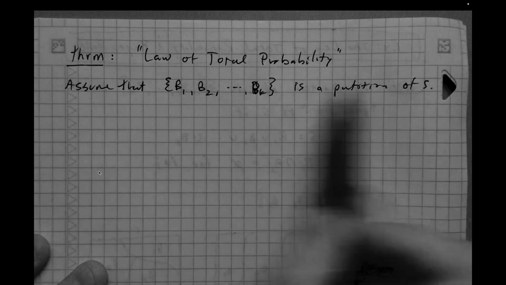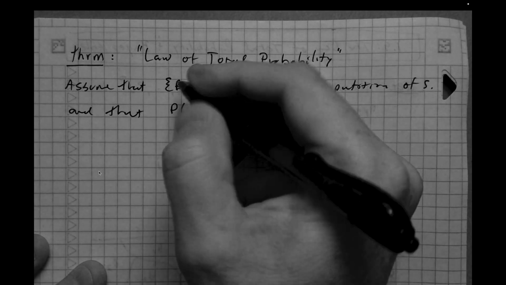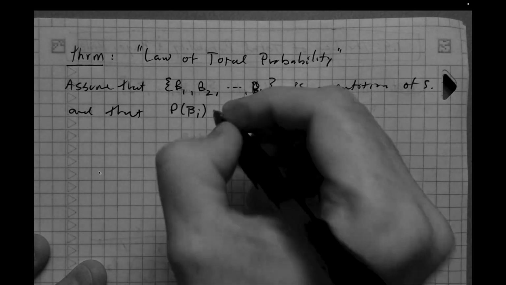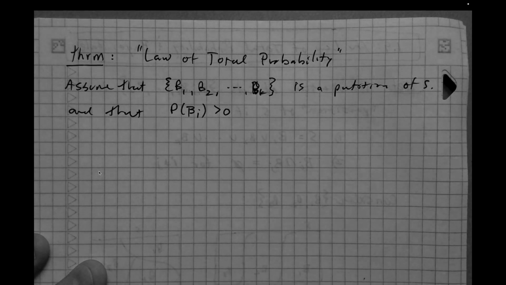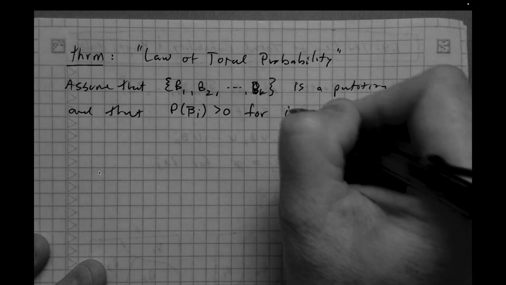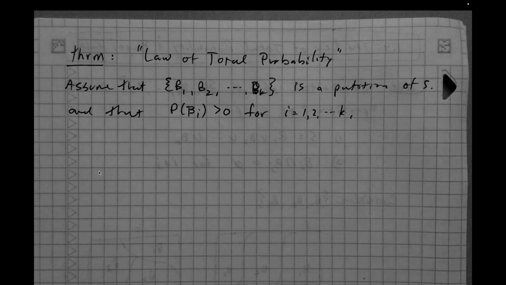Assume this is the case, and that the probability of any one of these, Bi, is greater than 0, for i equals 1, 2, ..., K. So the probability is greater than 0 for each of these, meaning that none of these sets are empty, basically.